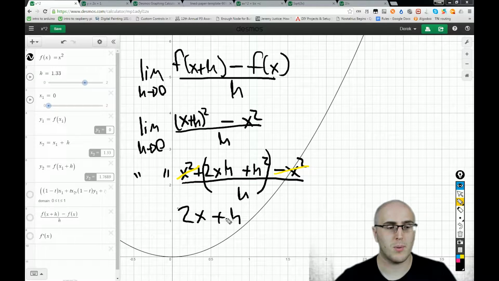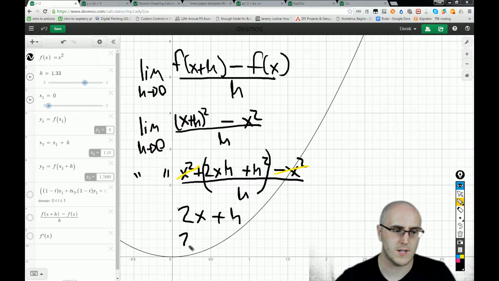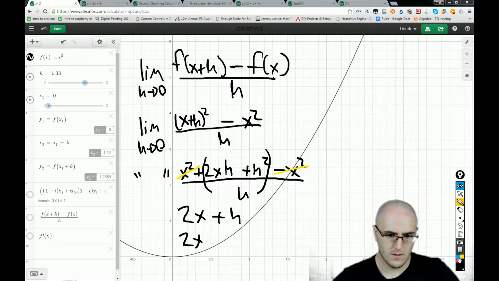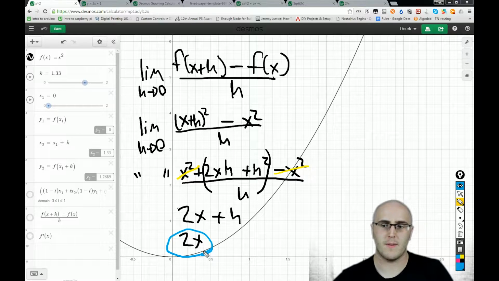Well, now we can pretty obviously find the limit of this because there's no discontinuities or holes in it, so it's pretty easy to just plug in h equals 0 to find our final value, which is 2x. This 2x right here is what's called our derivative of the function.